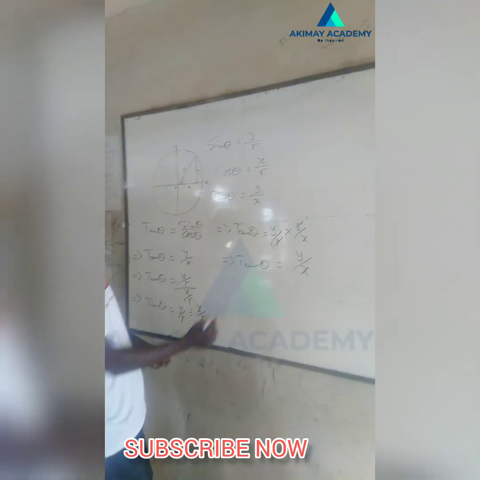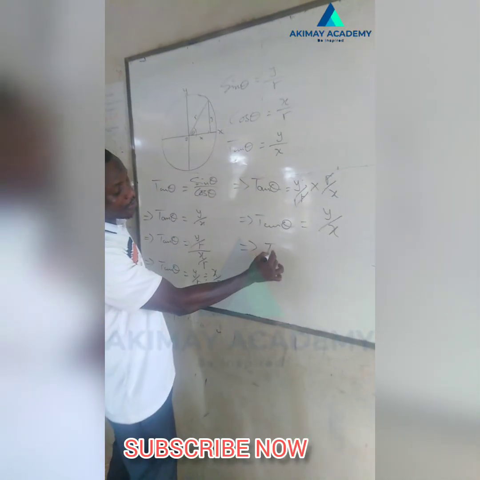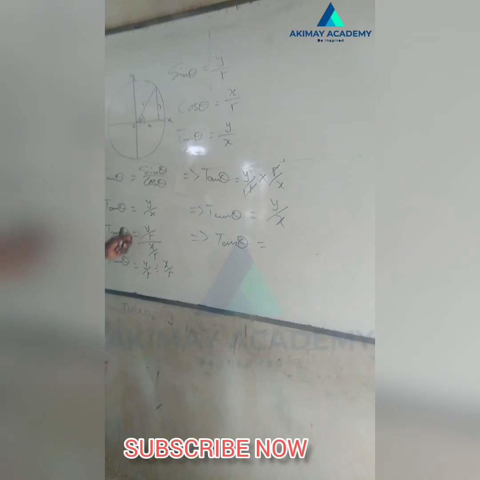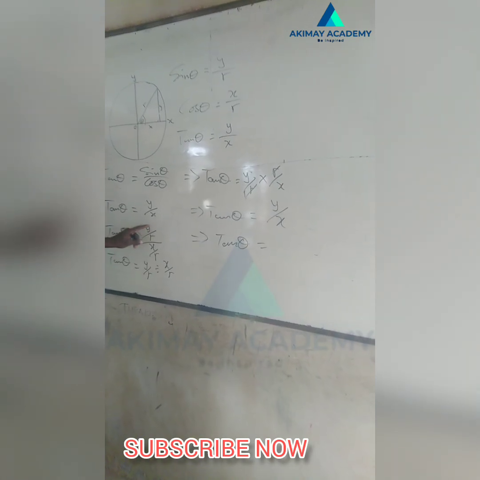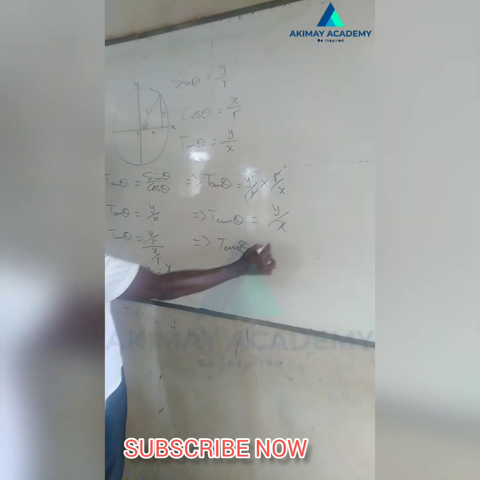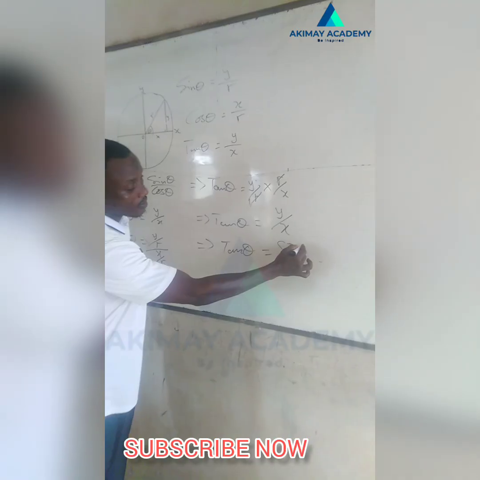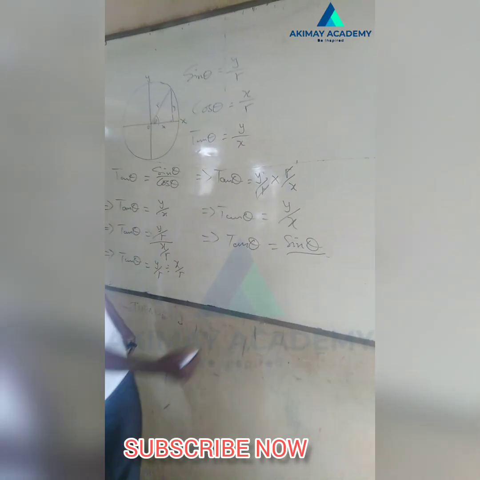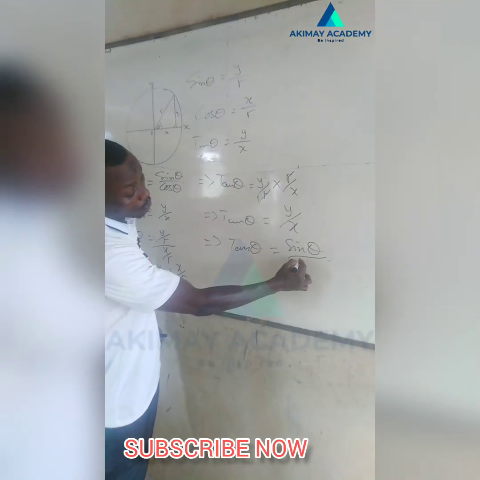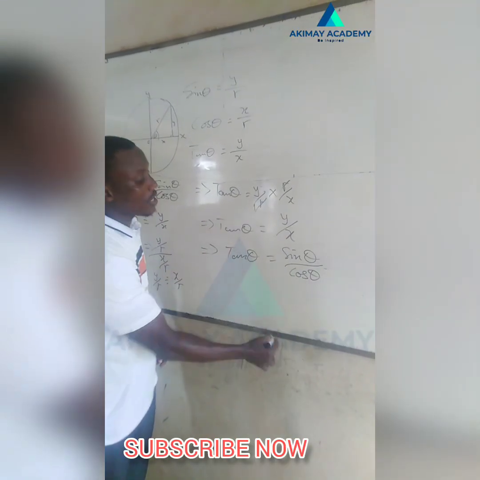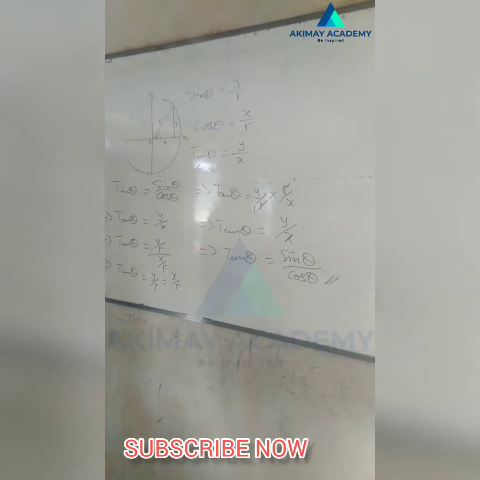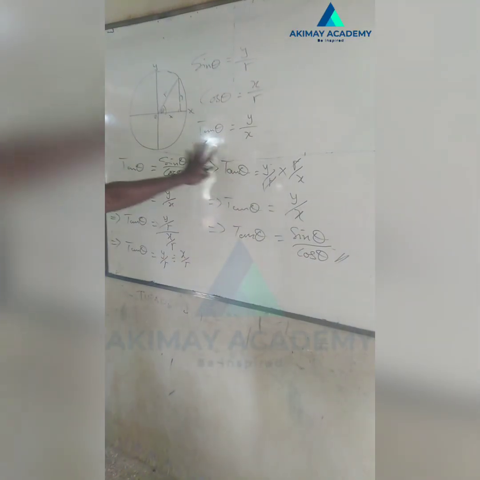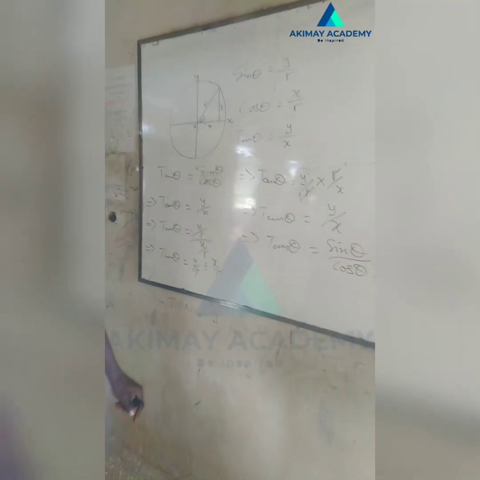So in this case, we can say that it has been proven that tan theta equals sine theta out of cos theta. And that's what we have. So if you see tan theta equal to sine theta out of cos theta, this is the reason why we have it in that way.